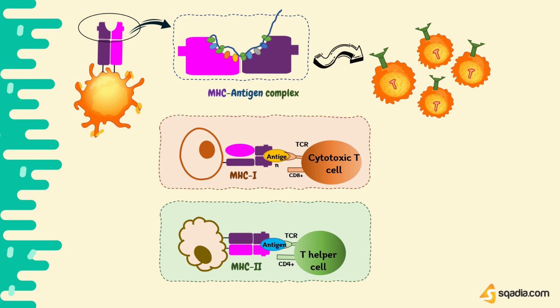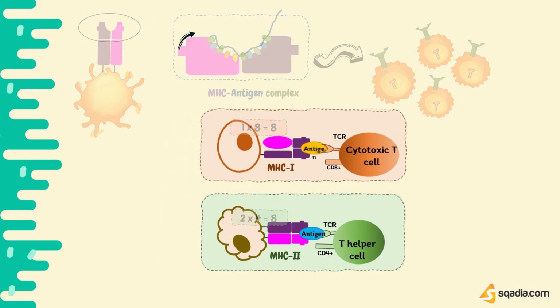An easy way to memorize is that you have to multiply 1 of MHC class 1 with 8 of CD8 plus T cells, and your answer will be 8. Also, multiply 2 of MHC class 2 with 4 of CD4 plus T cells, and again your answer will be 8. So, in this way you can keep it in your memory for a long time.